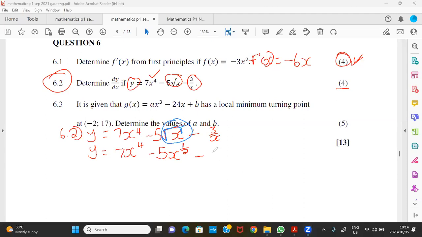And then we'll have minus 3. So here I'm just going to take the x back to the numerator to make it the negative exponent. So it's that. Then now everything looks okay. Everything doesn't look foreign. So I can start deriving.